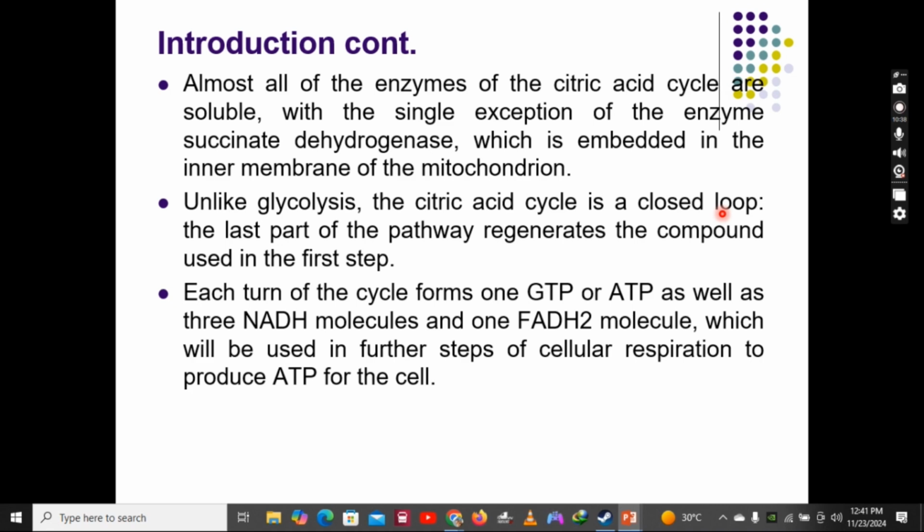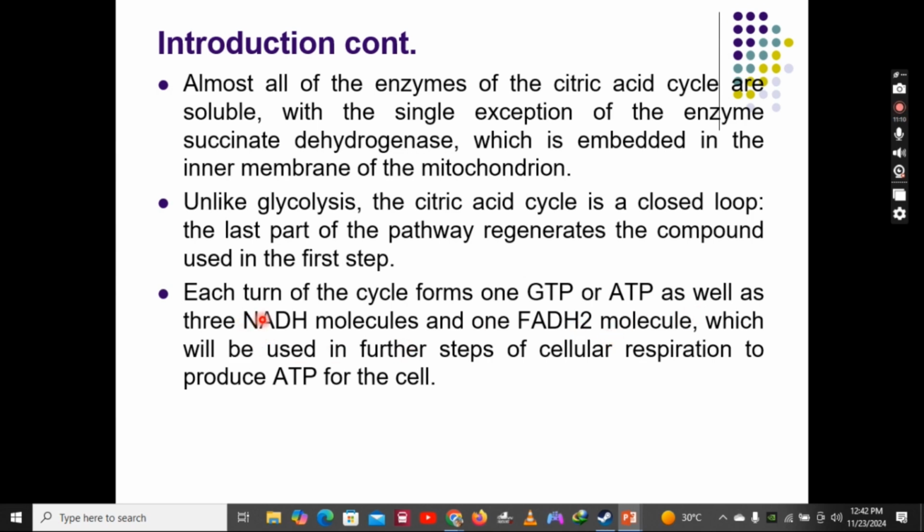Each turn of the cycle forms one GTP. So one GTP is formed at each turn of the cycle, and also one ATP is produced, as well as three NADH molecules, which are the reduced forms of NAD, and one reduced FADH2 molecule.